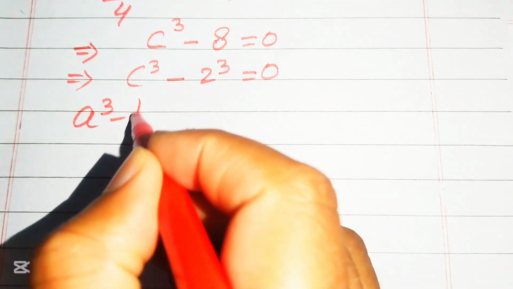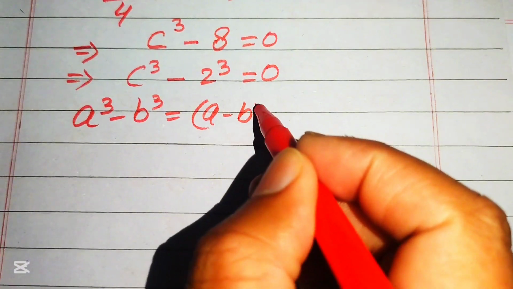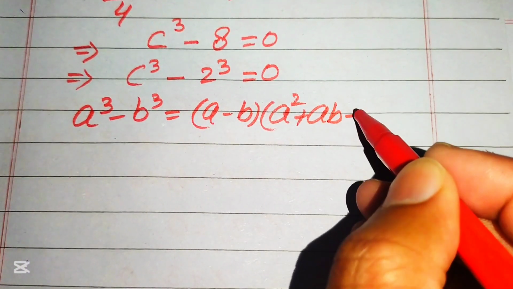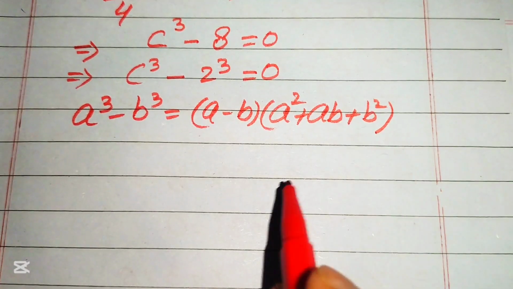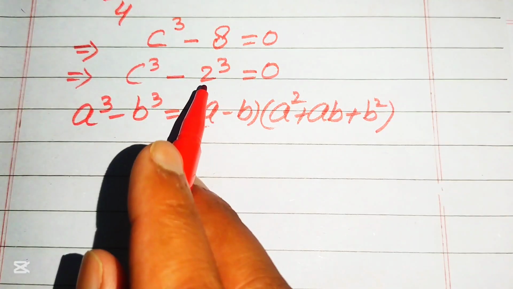If you have a cubed minus b cubed, it equals a minus b times a square plus ab plus b square. According to this cubic formula, we can solve this cubic equation.